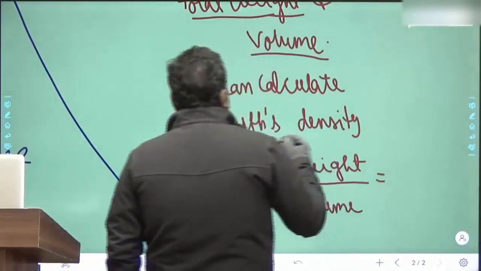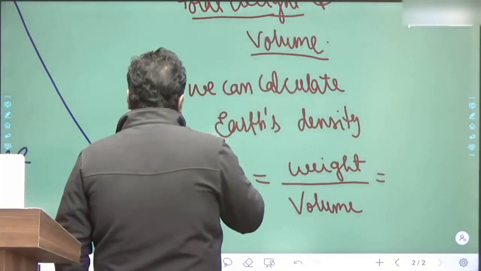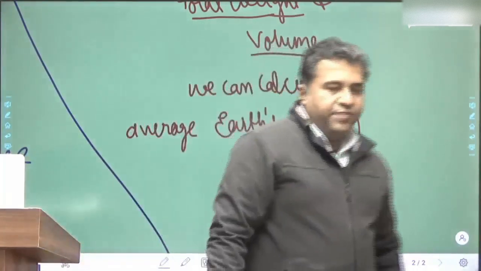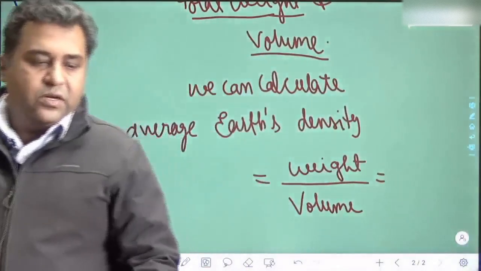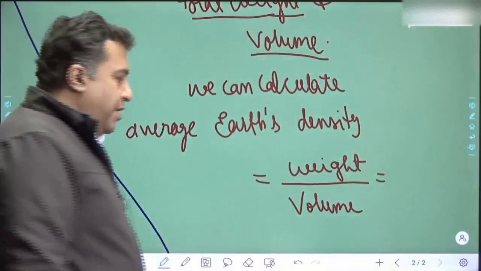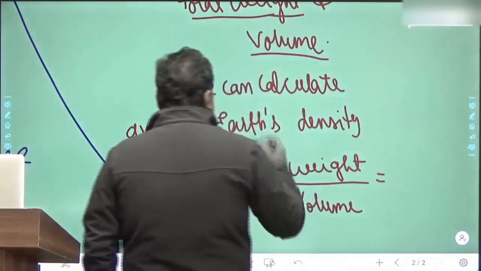What? Average density. We have calculated Earth's average density. Earth's average density would be a better word to write. The sequence would be like that.